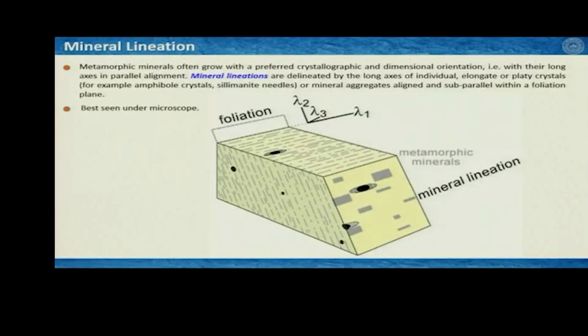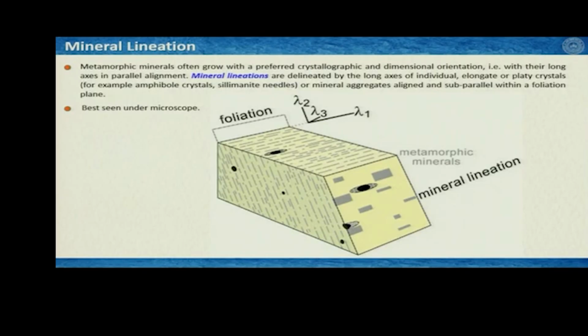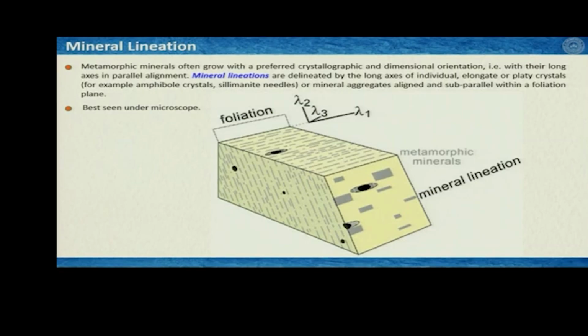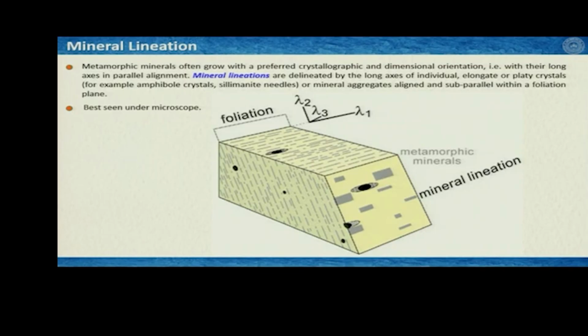Now, mineral lineations, on the other hand, are essentially minerals which form during the metamorphism. So, in stretching lineation, the lineation defining minerals are older grains, they are from the parent rocks, but in mineral lineations the defining grains should form during the deformation.